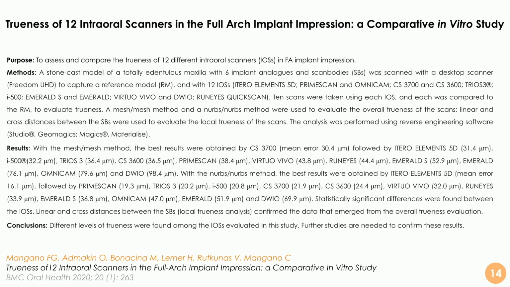We wanted to understand if there was some statistically significant difference among them, but at the same time we decided to calculate the linear and cross distances between the centroids of the scan bodies in order to have really reliable data, because we all know that with the progression of the scan the error grows, and therefore it's very important to consider this factor. The progression of the error is not linear, and so it's important also to evaluate the linear distances between the different scan bodies.